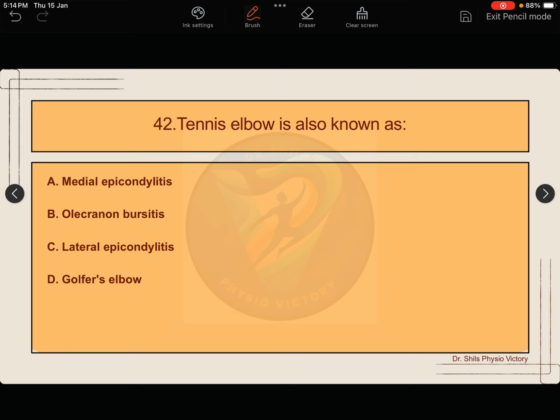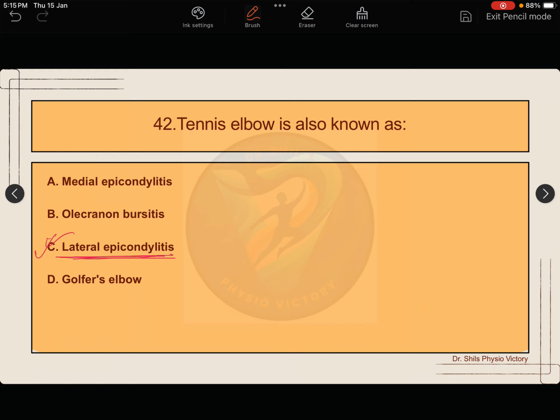Next, come to question number 42. Tennis elbow is also known as option A, medial epicondylitis, option B, olecranon bursitis, option C, lateral epicondylitis, option D, golfer's elbow. Here, the correct answer is option C, lateral epicondylitis.